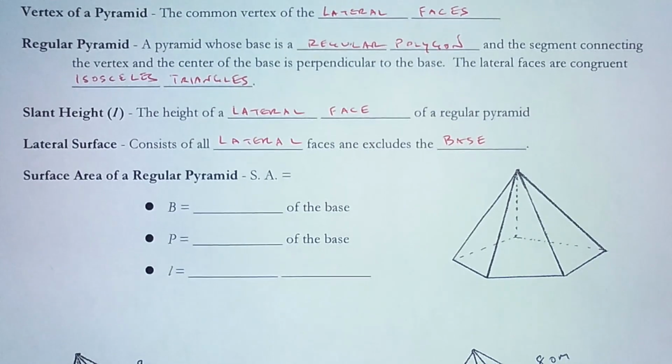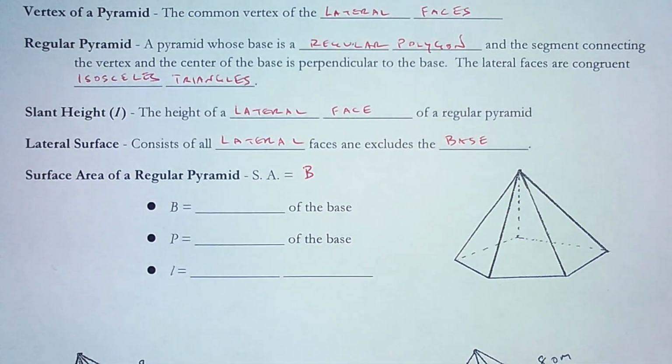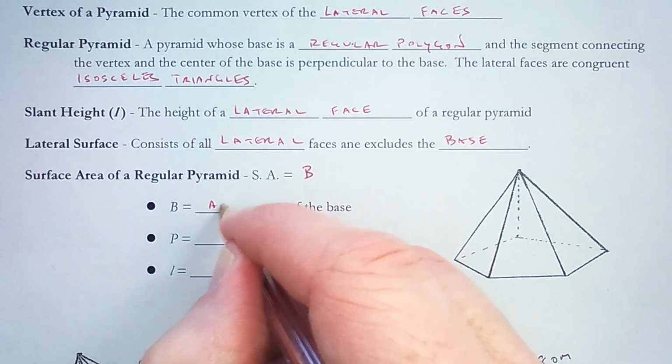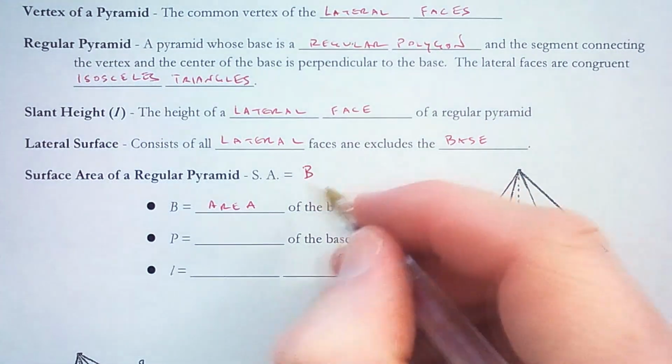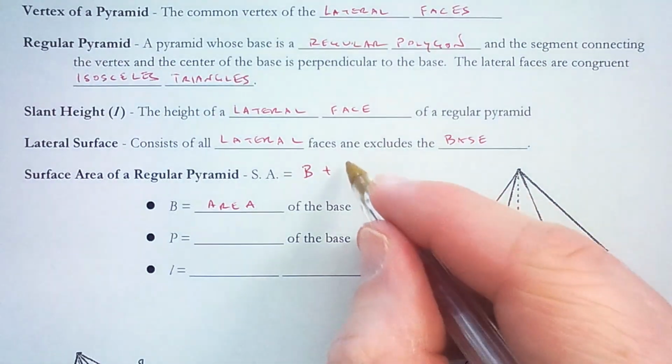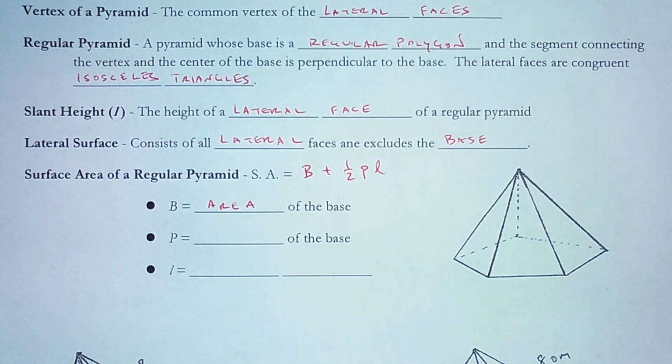So the surface area of a regular pyramid is found like this. Capital B, which stands for the area of the base. And there's only one of them, so it's not 2B like in a prism. Plus 1/2 times perimeter times slant height.